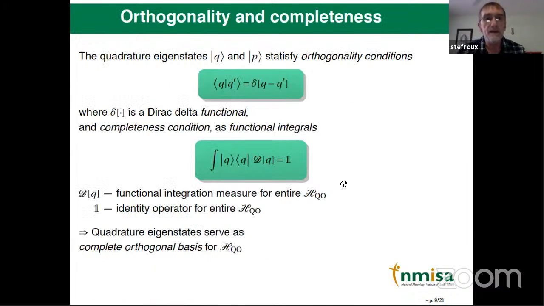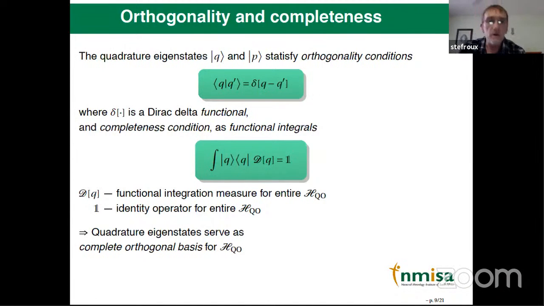Now, it turns out that these eigenstates form an orthogonal basis for the entire space. In this case, the orthogonality condition is represented in terms of a Dirac delta functional, because these Q's are functions.